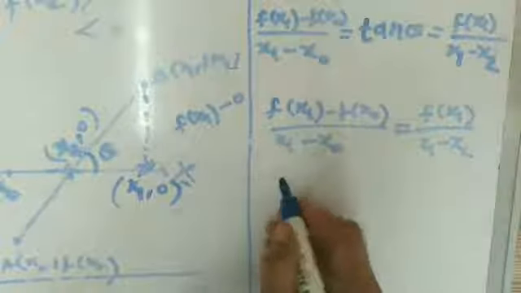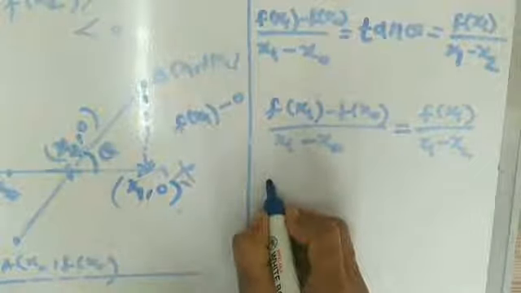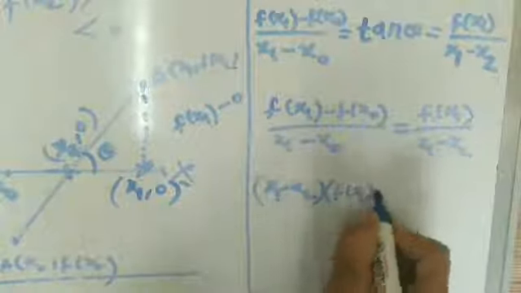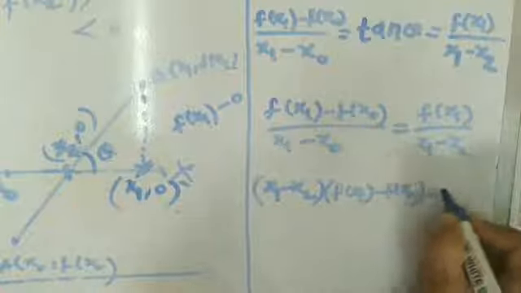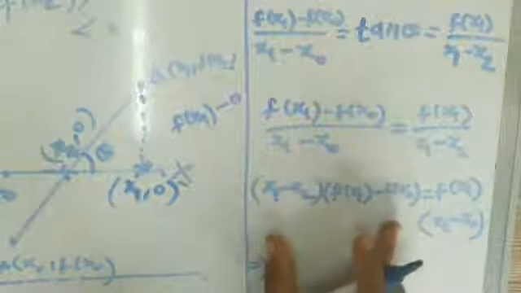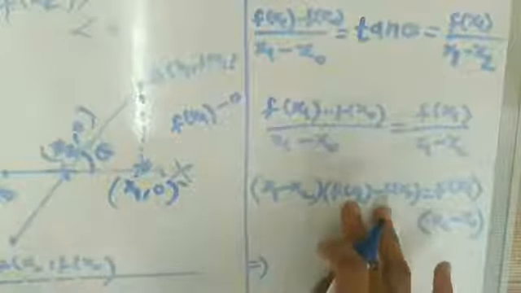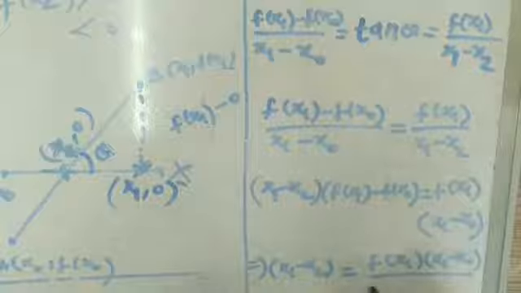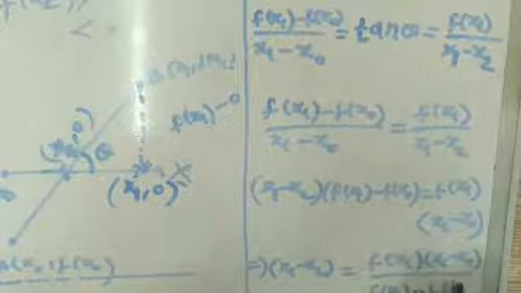Cross multiply, we get x1 minus x2 into f of x1 minus f of x naught, which is equal to f of x1 into x1 minus x naught. In the next step, x1 minus x2 is equal to f of x1 into x1 minus x naught divided by f of x1 minus f of x naught.